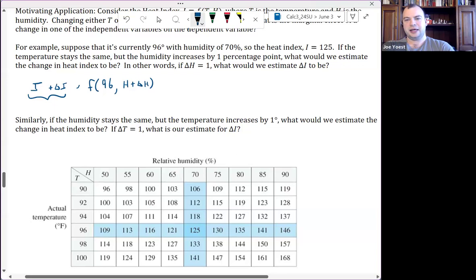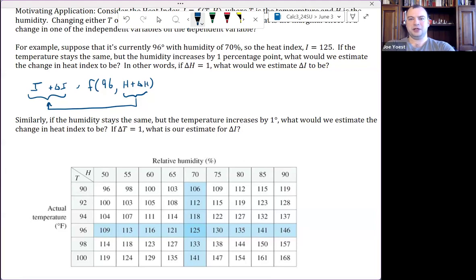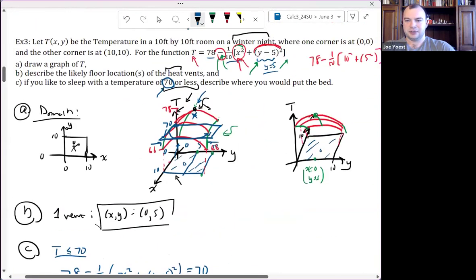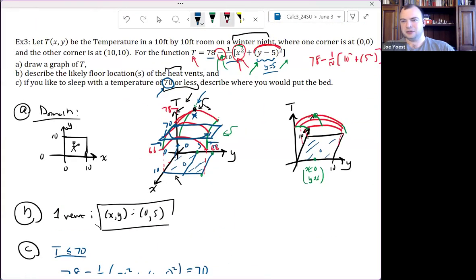Well, I'm really only changing one of these two variables and the other one is being held constant. If we go all the way back up here, that's a little bit like moving along one of these red curves when I was changing y and holding x constant. That's just like a Calc 1 question, right?